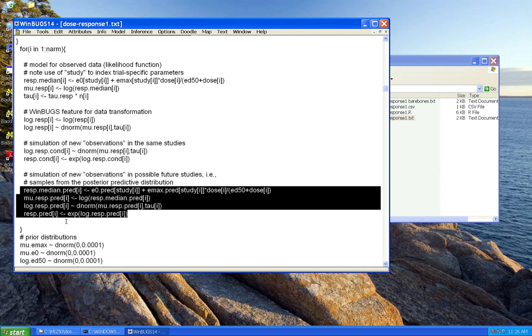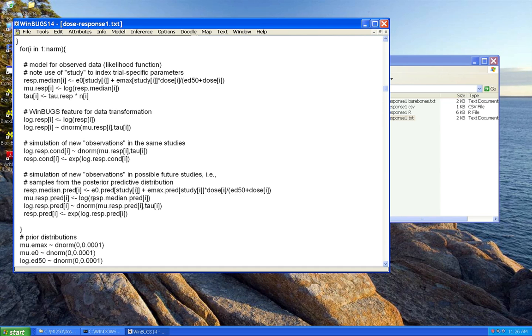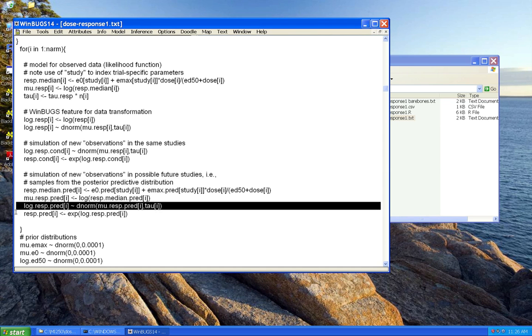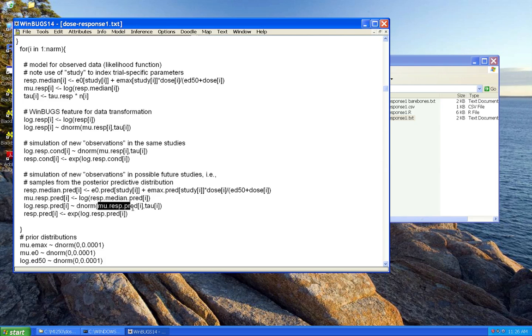Again, your basic likelihood statement is really occurring right here, where I get the log of the response, and that's going to depend upon this mean here, this mu response, but I've got .pred on it. There are two steps here.